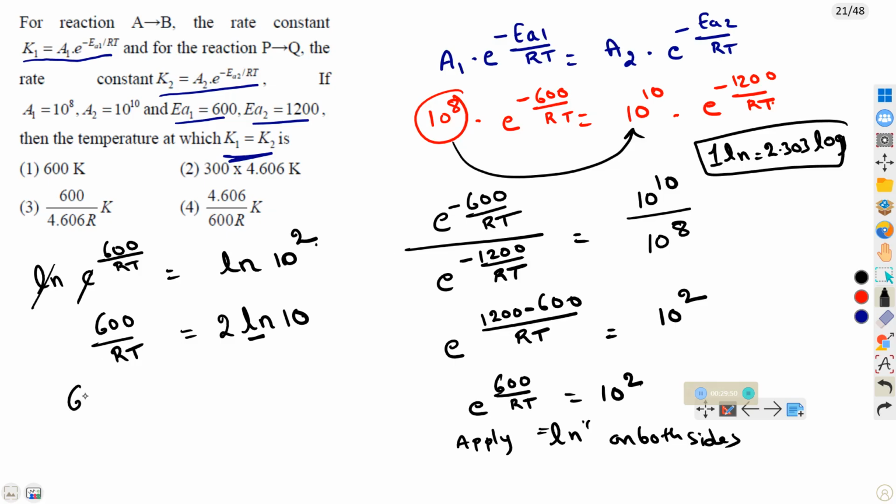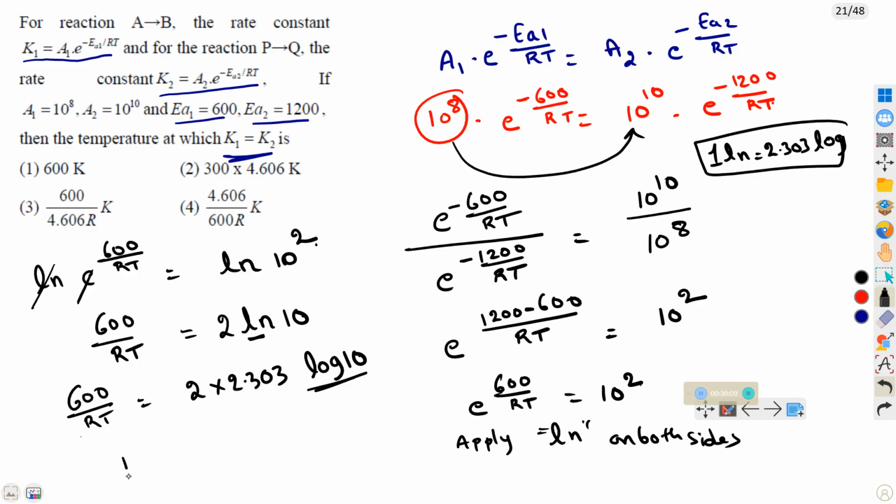So 600 by RT is equal to 2 into 2.303 log 10. The log 10 value is equal to 1.